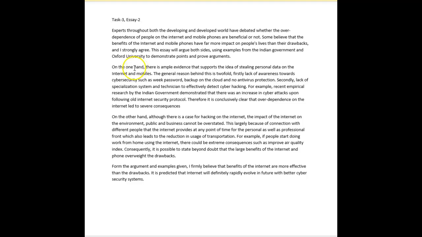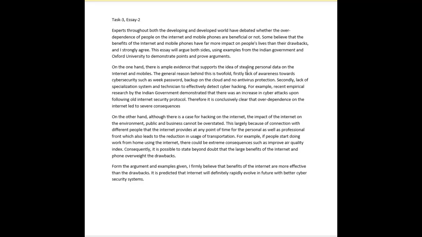So let's try it like this. On the one hand, there is ample evidence that supports that our over-reliance on the internet can lead to personal data theft. Full stop. This is what you mean, okay? So you can see it's a sentence that's written rather differently. Let's move on.